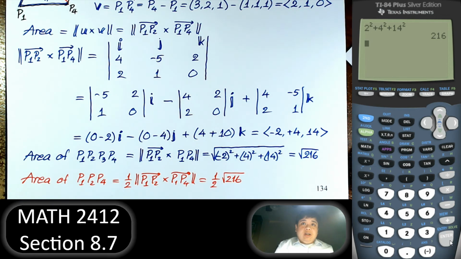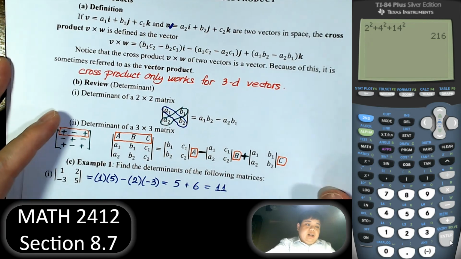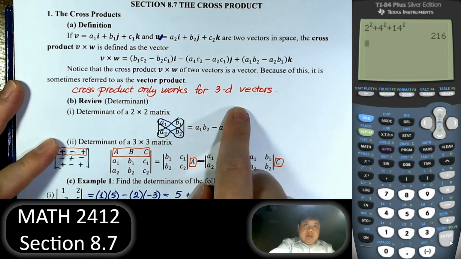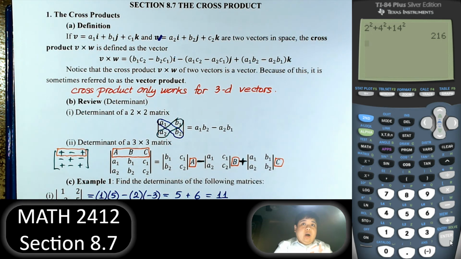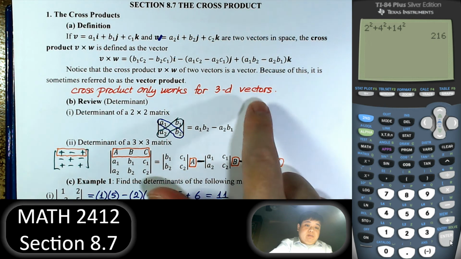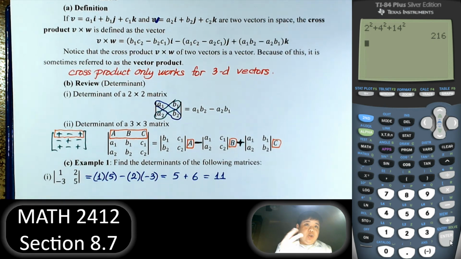So the cross product is a vector product. The result is going to be a three-dimensional vector. By the way, I did mention that cross product only works for three-dimensional vectors. Four-dimensional vectors will not work. Two-dimensional will not work.